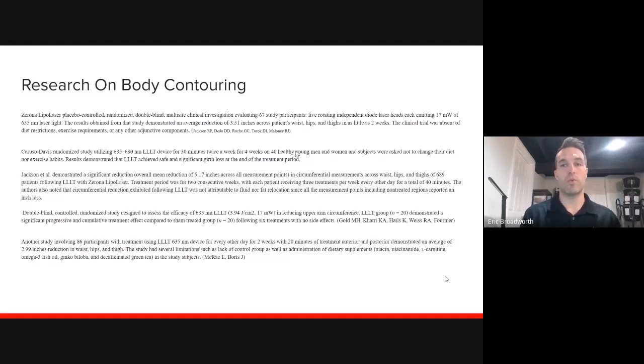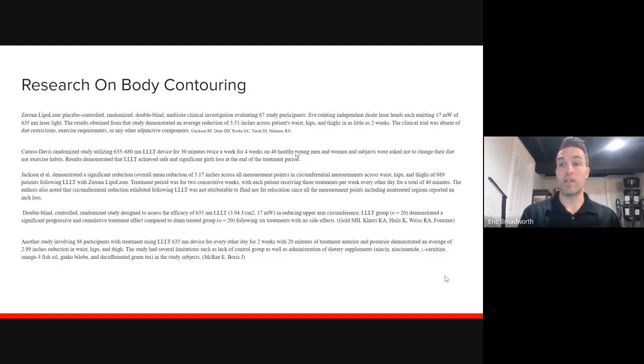So one of the first ones was this article by Jackson, Dido, Roche, Turek, and Maloney. It involved a Zerona lipo laser. It was a placebo-controlled, randomized, double-blind, multi-site clinical investigation involving 67 participants. And this was really one of the first studies that showed that red light therapy, photobiomodulation, was effective in body contouring.